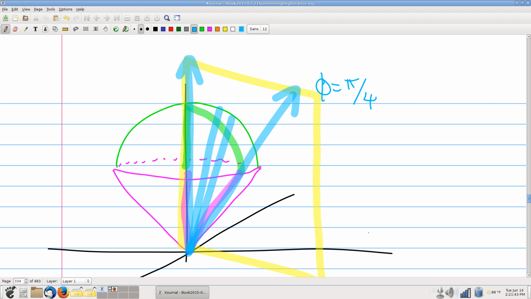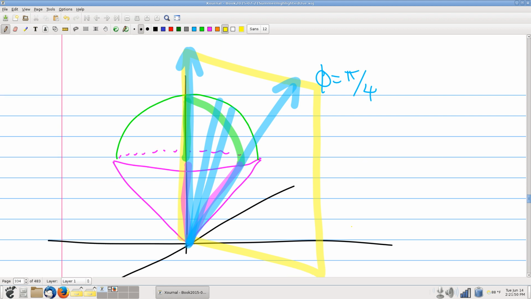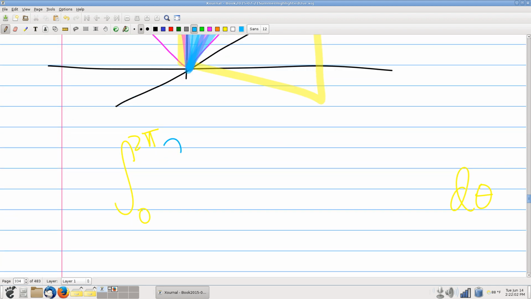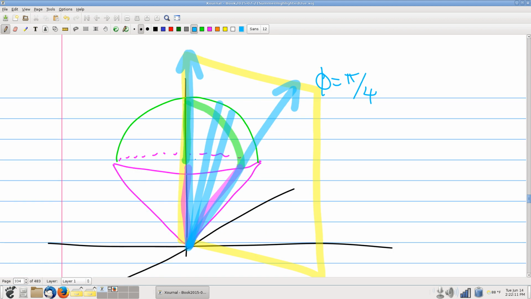So yeah, let's summarize. By the way, I'll write it down here. Theta goes from 0 to 2 pi, and then let's see. Phi I did in blue. Goes from 0 to pi over 4, and now we will look in red here at a given value of phi.